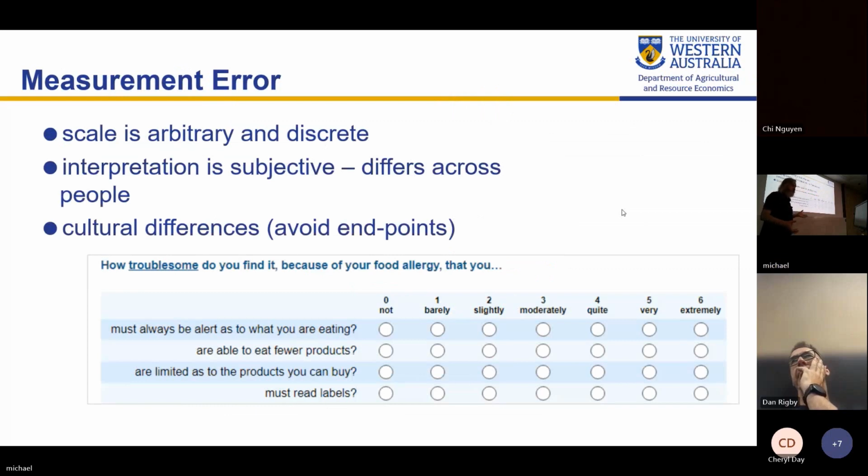But there are all sorts of problems with this. The scale on which people are answering is in some sense arbitrary, and it's all very discrete. Interpretation is subjective and differs across people. They may want to avoid the endpoints. So you can't assume that this beautiful number I've generated just by taking an average of the numbers they've given me is a measurement without error of their condition.